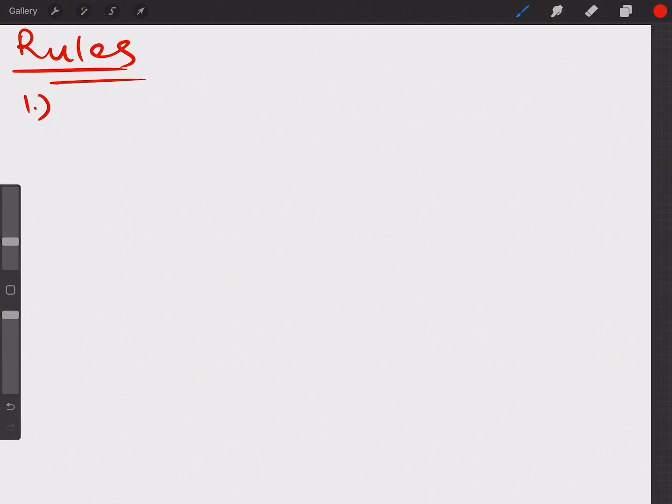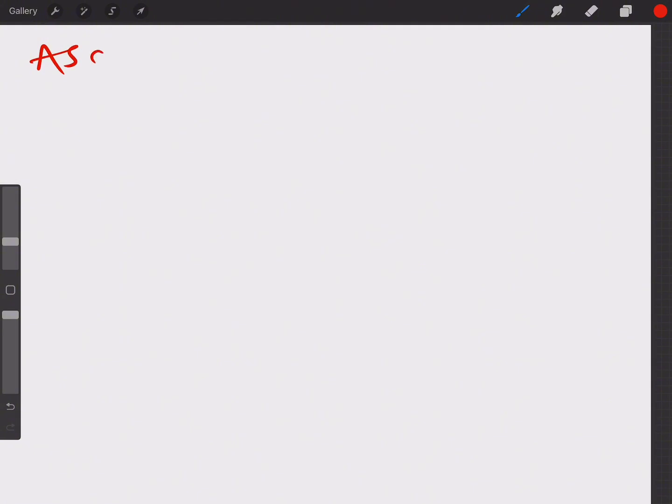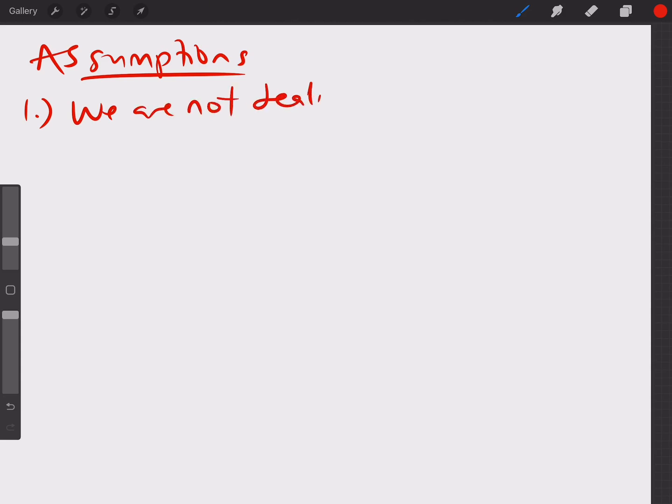Before we get to the rules, let's talk about assumptions. Number one, we are not dealing with empty transitions. So we shouldn't expect a transition that is labeled with an empty to have any impact here. That's not what we are trying to do.